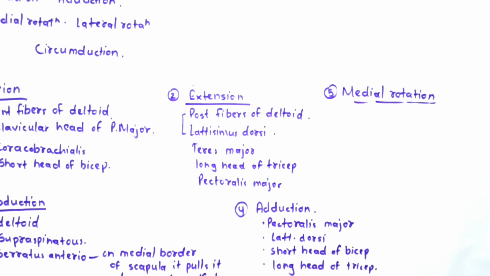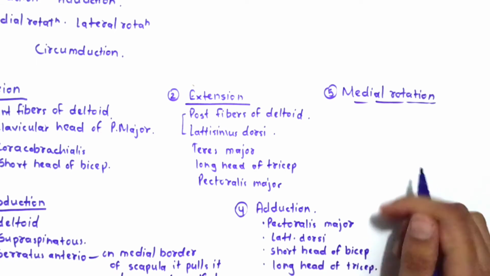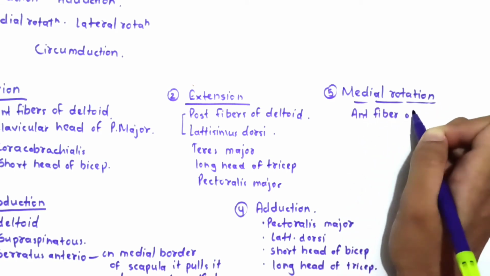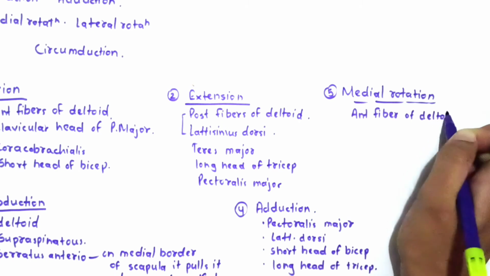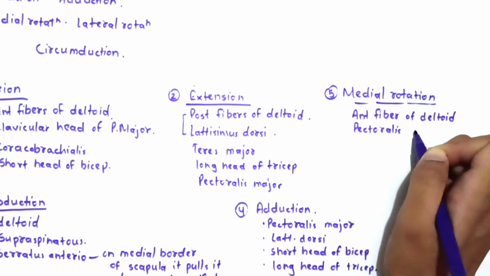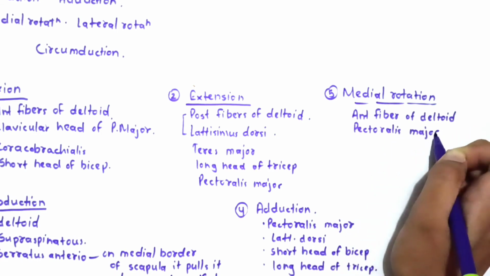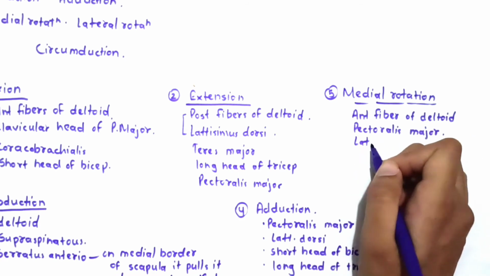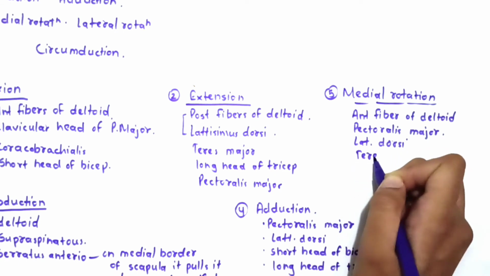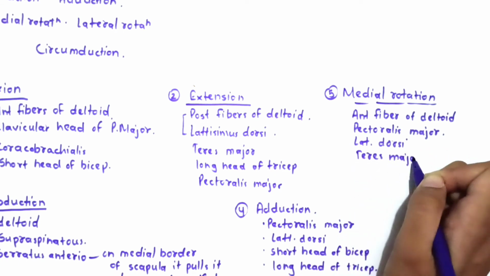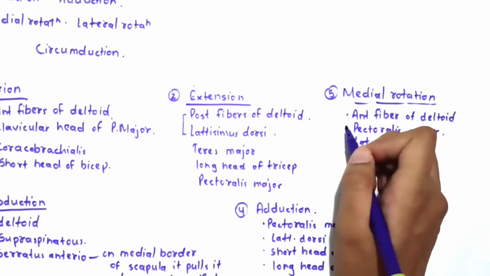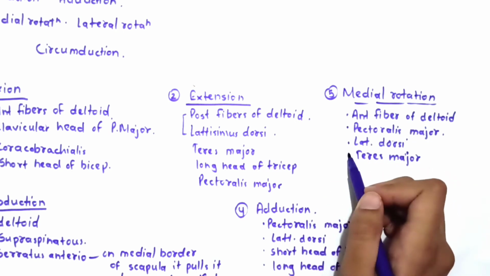So the muscles of the anterior side mainly will help: the anterior fiber of deltoid, pectoralis major, latissimus dorsi, and teres major will help from the back side to move your arm to the anterior side. Mainly the anterior muscles, and then for support the posterior muscles will help.